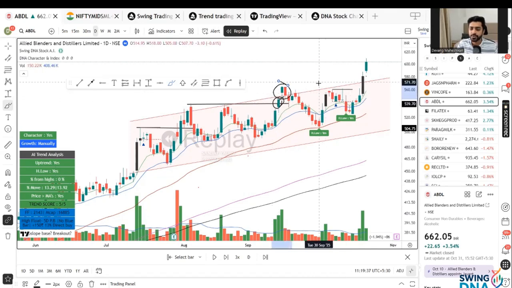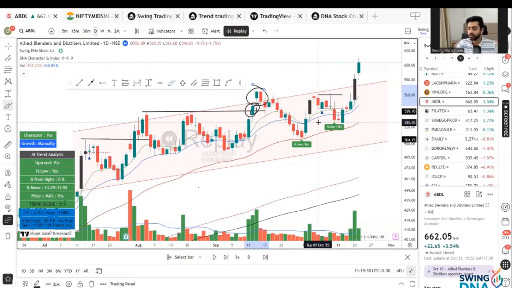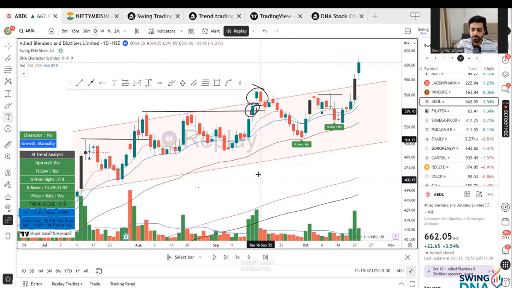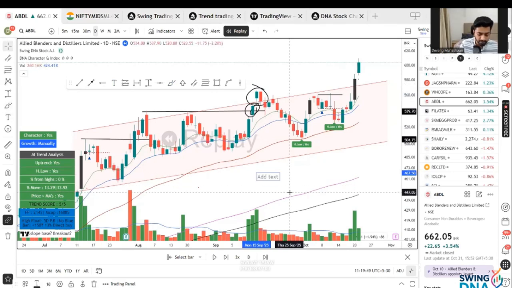This is where you get interested and then you simply wait for a pullback to see whether there is some sense of urgency or not. So what we are looking at after a momentum bar is some pullback. Pullback can be from 1 day to, I will tell the upper limit for it.